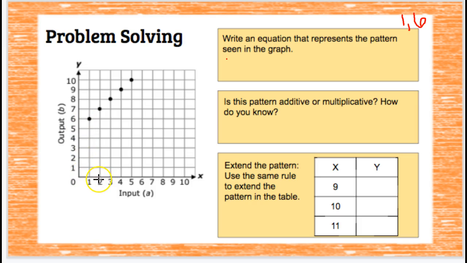This next one would be over 2, up 7. So you have 2, 7. Same thing here, 3, up 8. So you have 3, 8. 4, up 9. So you're going to do 4, 9. And the last one is 5, 10.